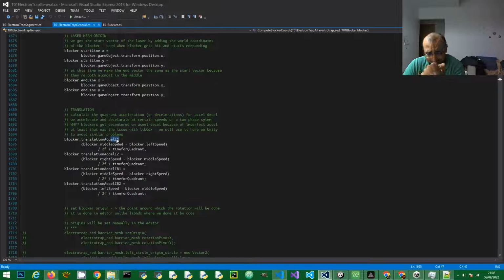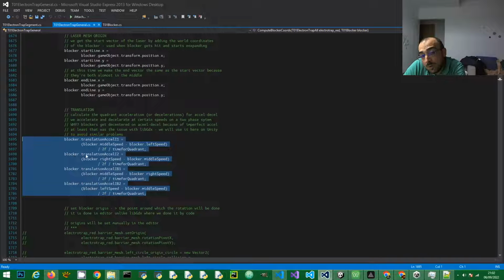So it's a pretty simple physics calculation to do here. We have four types of accelerations: from left to middle, from middle to right, then from right to middle, and from middle to left. Acceleration I1, I2, B1, and B2.